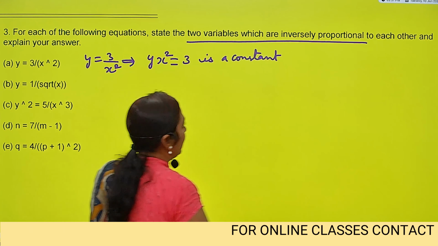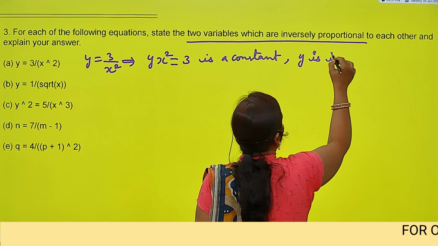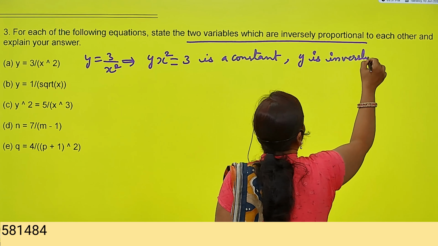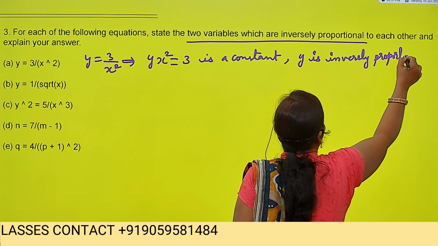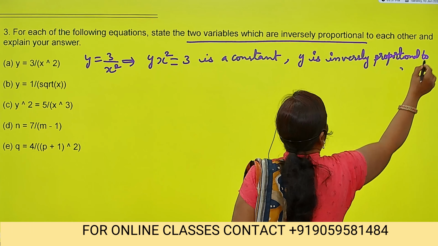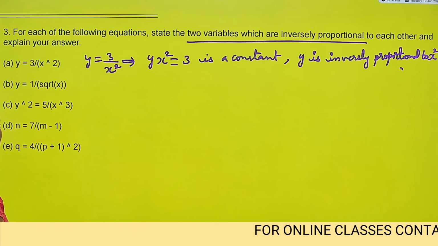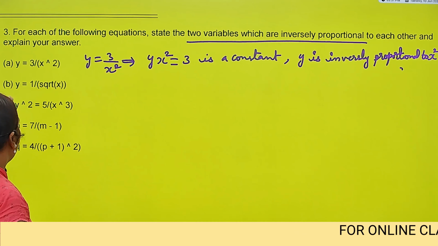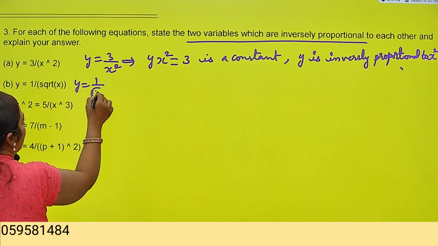So we can say that y is inversely proportional to x square. That is the explanation.